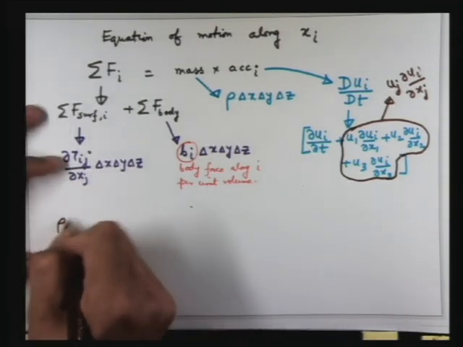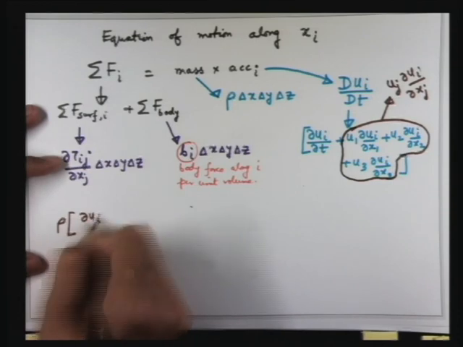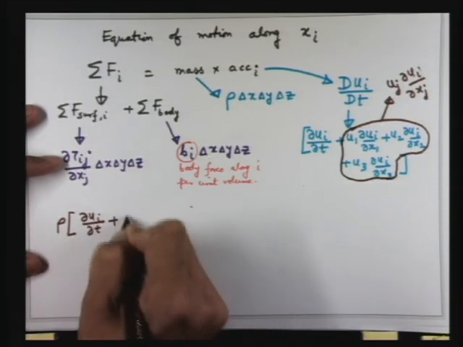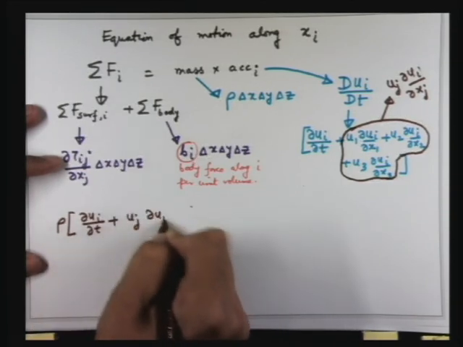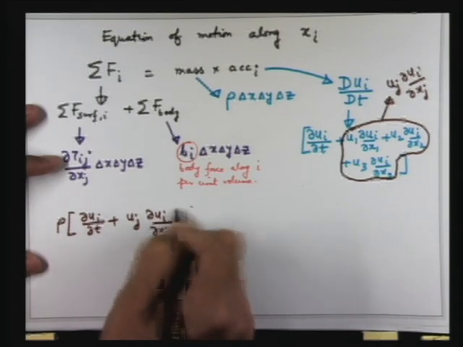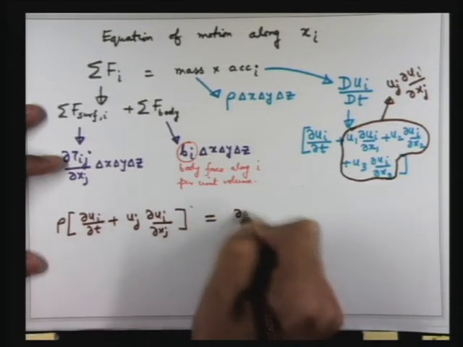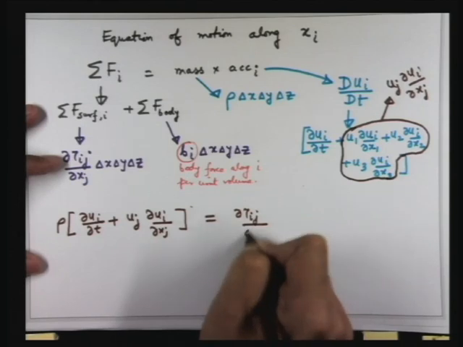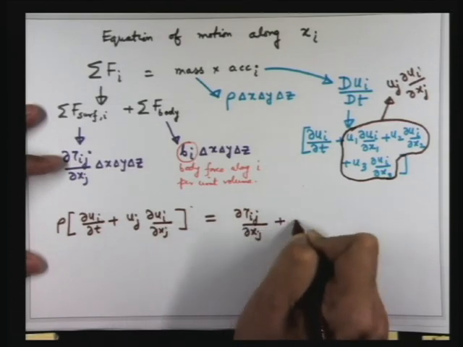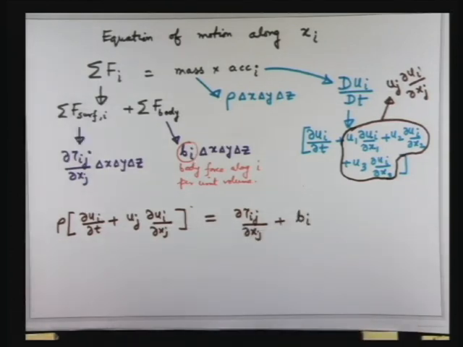So rho times del ui del t plus uj del ui del xj is equal to del tau ij del xj plus bi. This equation is known as Navier's equation.